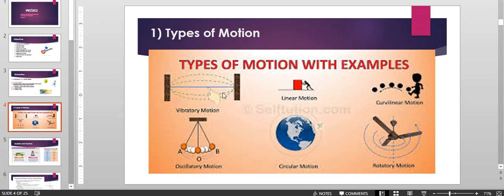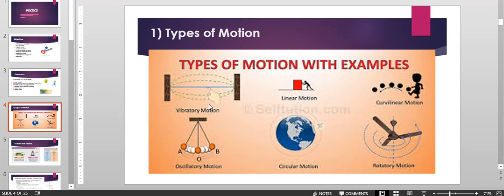The first example is showing the phenomena of vibratory motion. If you tie both sides of a stretched string or a rubber band with some fixed poles and then try to move it with your hand, you will notice that the string will move towards and away from its mean position, and such type of motion is called vibratory motion.